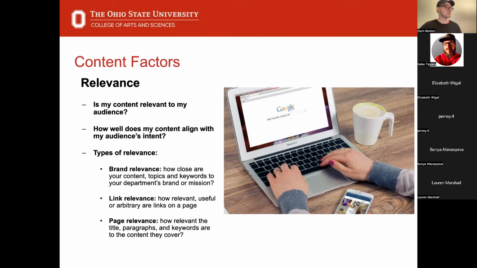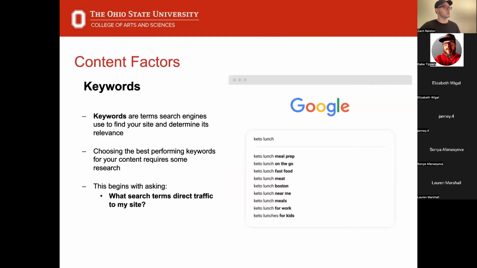Essentially, and we're eventually going to get to intent here in a bit, page relevance is how relevant the titles, paragraphs, and keywords are to the content that they're covering. So keywords are basically just the terms that you use in any search engine when you're trying to find any content online.